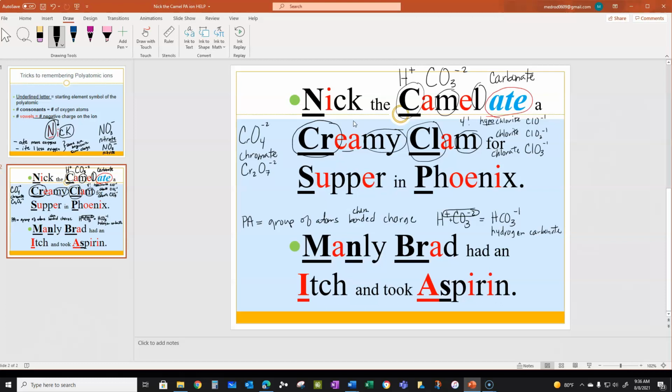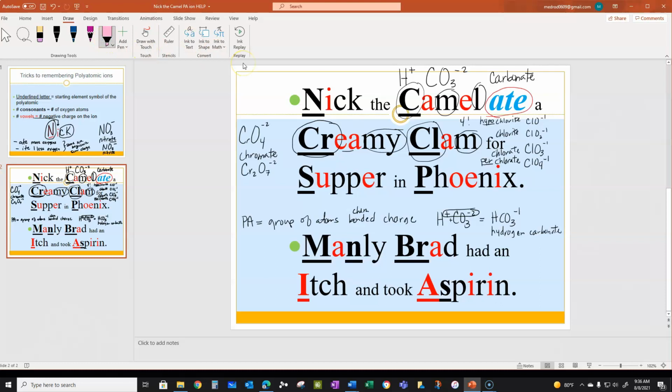Now let's take this chlorate and let's do another one, but now let's add an oxygen. So notice these 4 polyatomics, the only thing that changed was the number of oxygens. I'm going to take this name again and write it again, but this time we're going to add a prefix to the front called perchlorate.